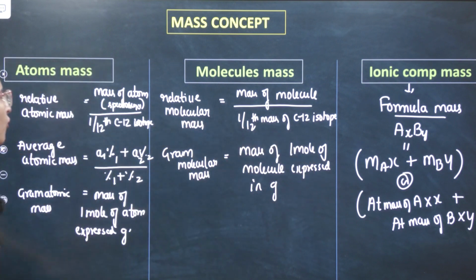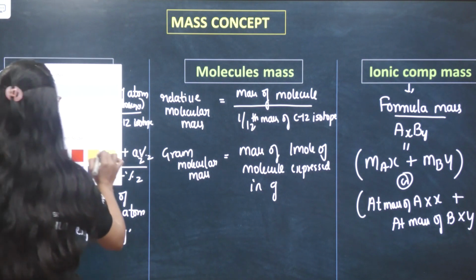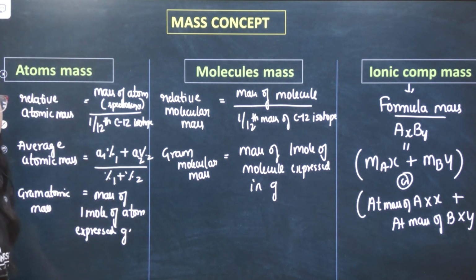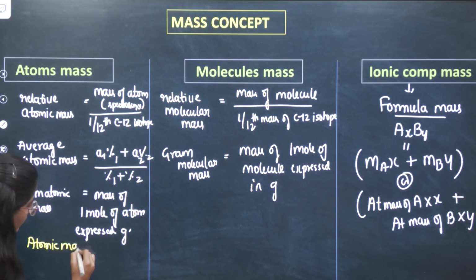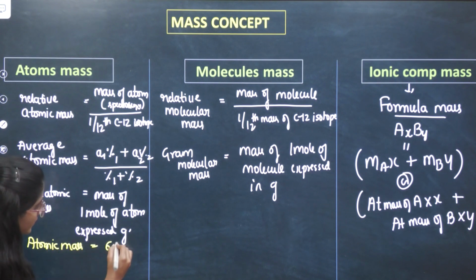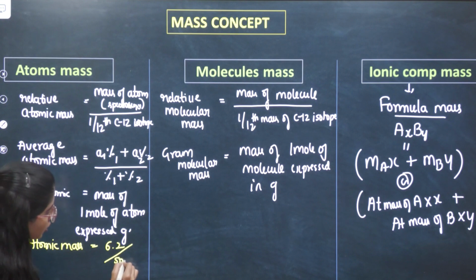But there are other formulas which you can expect in miscellaneous questions. For atomic mass, the important one is this: if specific heat is given, then atomic mass can be written as 6.2 divided by the specific heat.